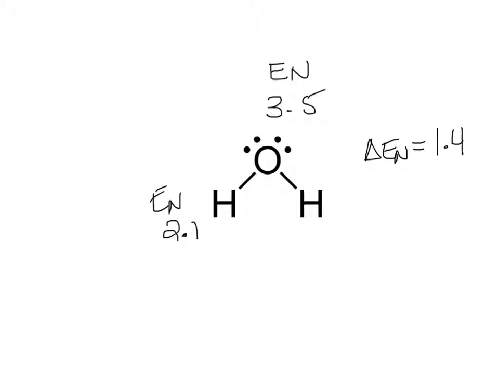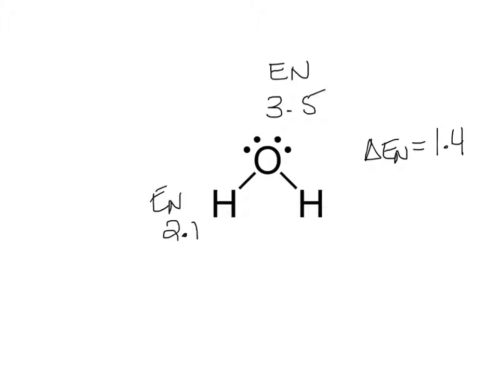And we know that water is a very polar substance by the way it behaves, not only in solutions with itself, but with other molecules. So we know it's a polar molecule just based on the electronegativity difference. The molecule itself is polar, but each hydrogen-oxygen bond is polar too.